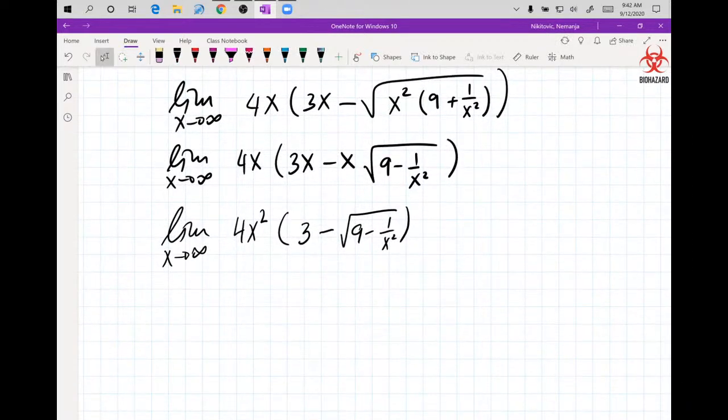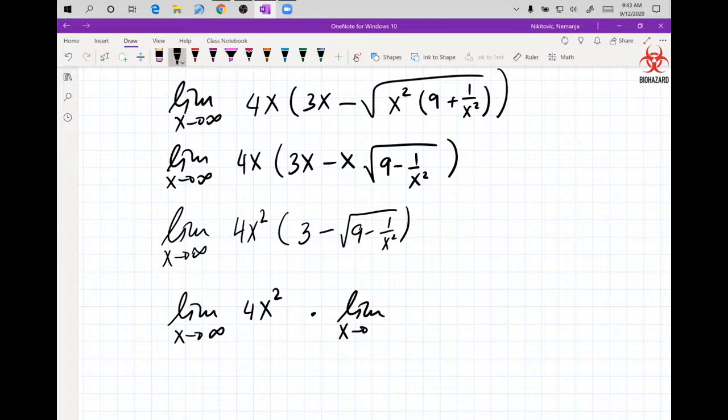And at this point, I can separate this into two limits using the properties of limits, which you might have learned or skipped, I don't know. But we're going to separate these into two limits like this.